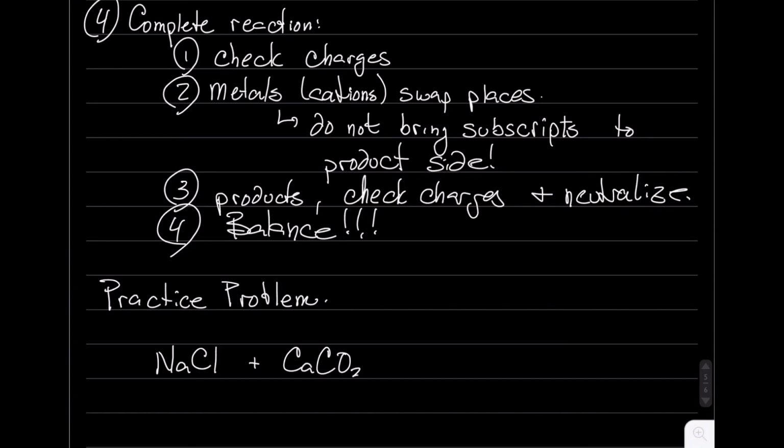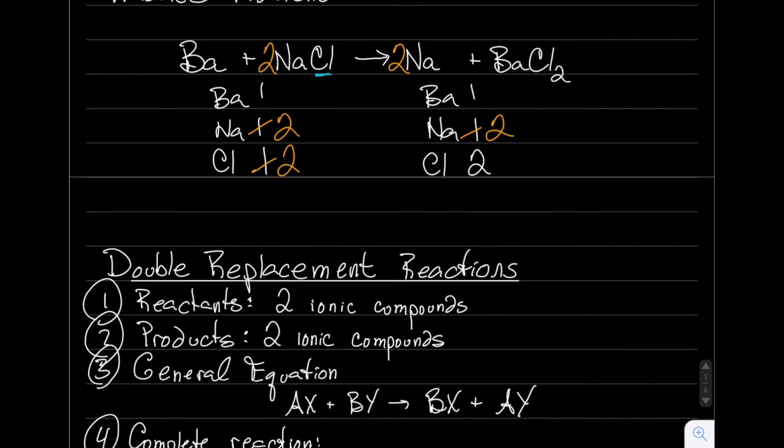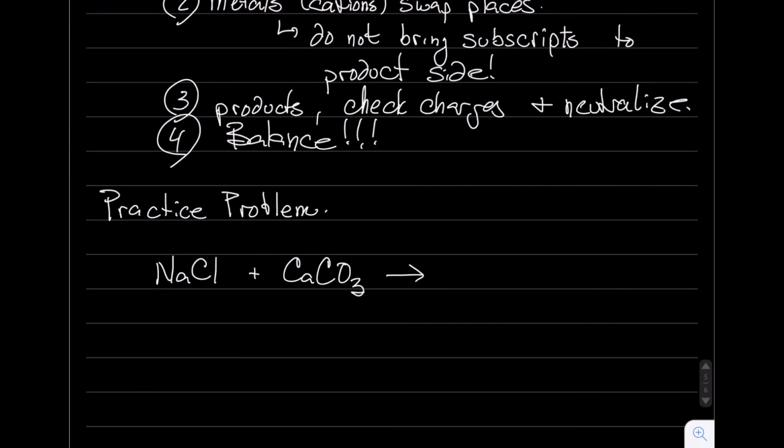CaCO3. All right. We know this is a double replacement reaction because we have 2 ionic compounds. So our first step is to figure out the charges on each of the atoms or ions in the compound.